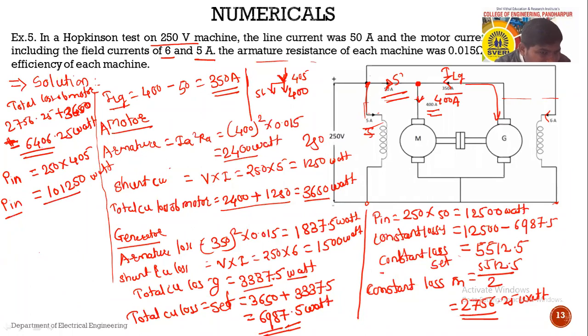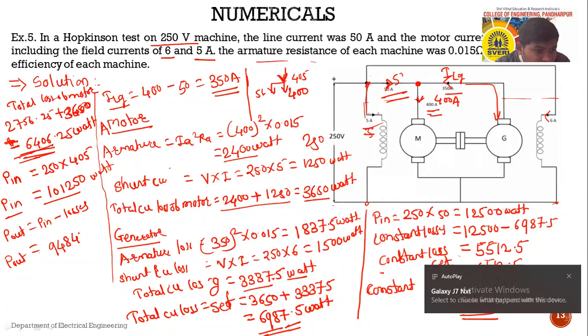नाव पॉवर इनपुट आहे आपल्याकडं. लॉसेस आहेत. कॅल्क्युलेट द आउटपुट पॉवर, दॅट इज पी आउट. इट इज इक्वल्स टू पी इन मायनस लॉसेस. 101250 मायनस लॉसेस 6406 किती येते व्हॅल्यू? 94843.75.